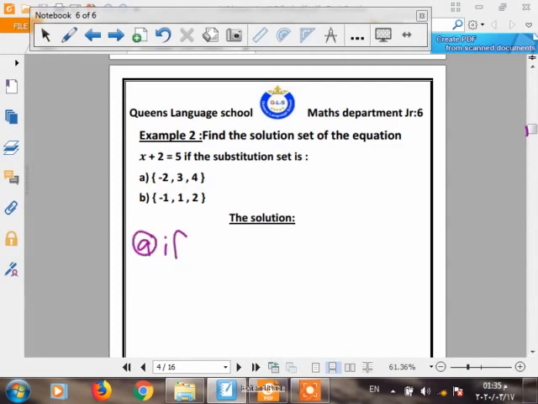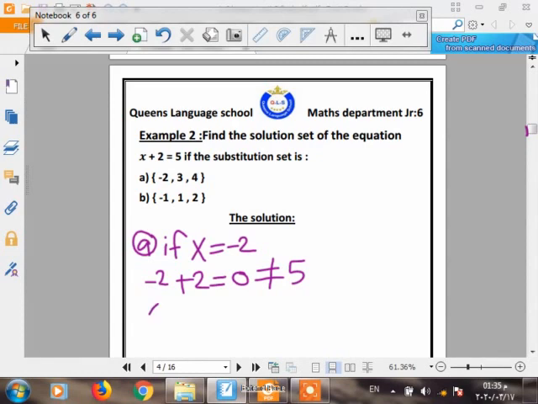If x equals negative 2, let's check the left side. The left side is x plus 2. Negative 2 plus 2 becomes 0. But 0 is not equal to 5. So the first element, negative 2, cannot be in the solution set.